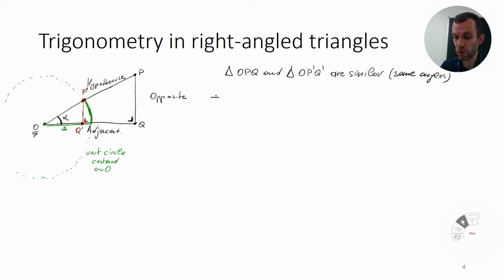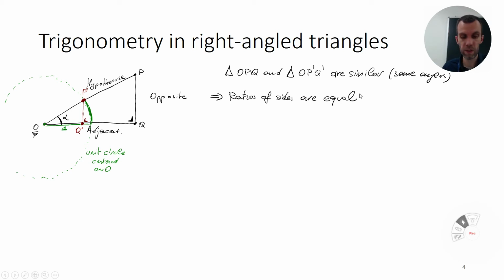And now what does that buy us? Well, in similar triangles, the ratios of the sides are equal.